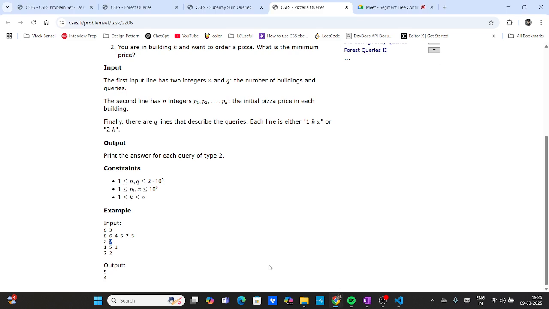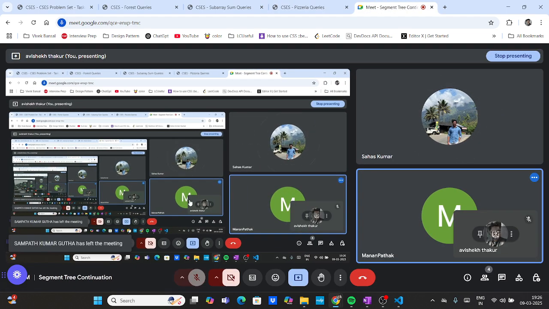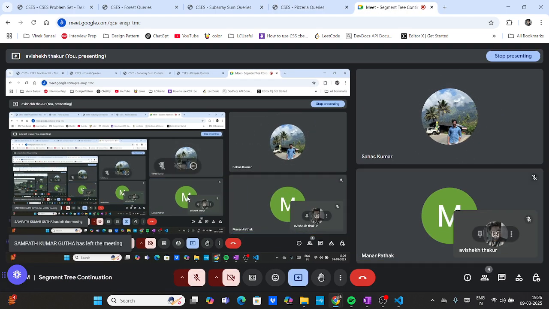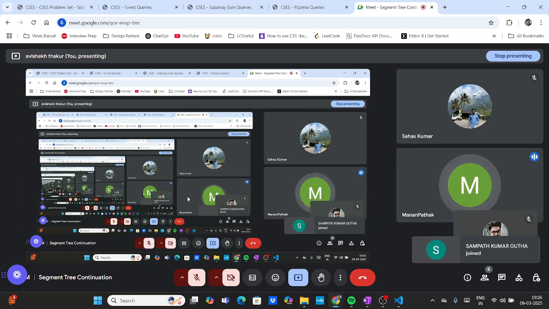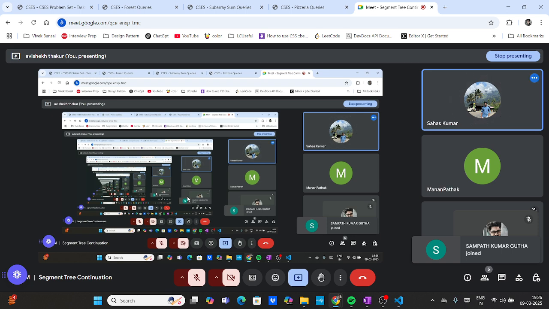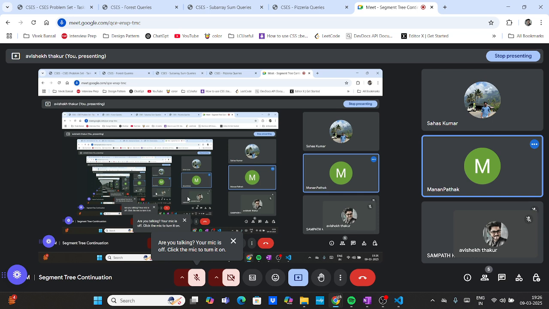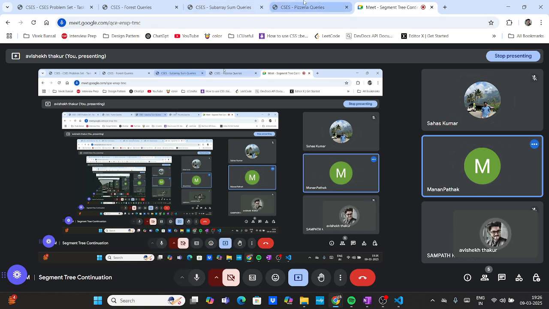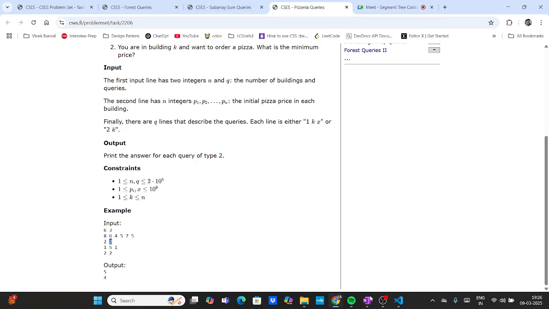Just wait for a second. The question says there are n buildings on a street numbered 1 to n, so it's one-based indexing.